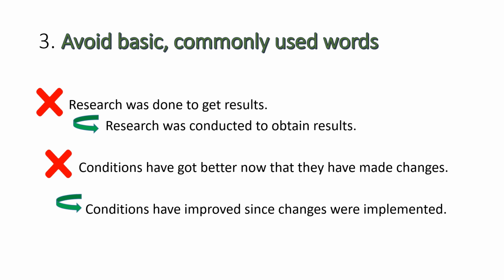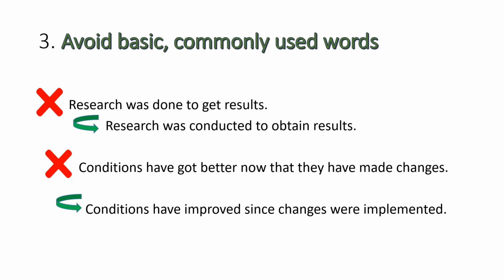And most importantly, try to use a passive structure when you are writing formal essays, argumentative essays or reports. For example, as you can see in the slide, research was done to get results. Try to use direct expressions and passive structure. The same sentence would be written like this: research was conducted to obtain results, right? This will leave a good impression on the reader as well.